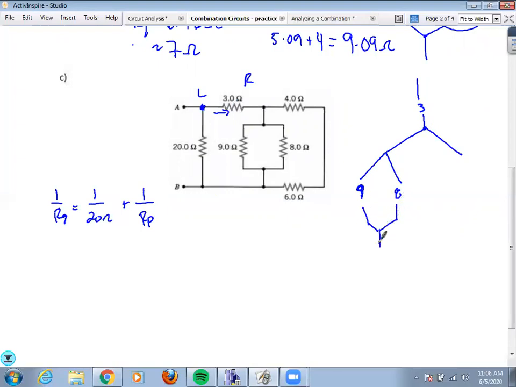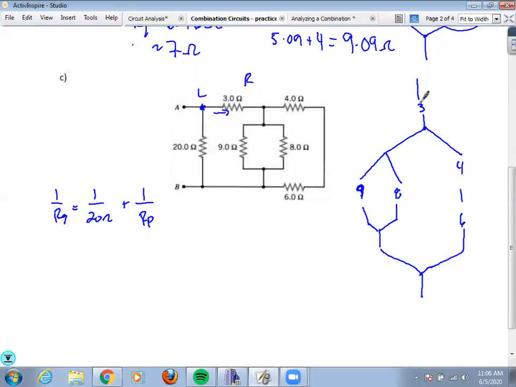On the right side, you notice that you have 2 resistors in series. So you got the 4 and the 6, and then that comes back. So to get this, we have to find the parallel. We're going to add 4 and the 6 in series, 9 and the 8 in parallel, add that in parallel, and then add it in series with the 3.